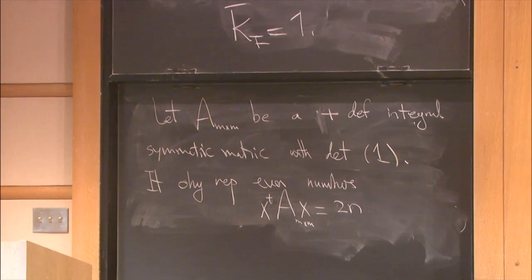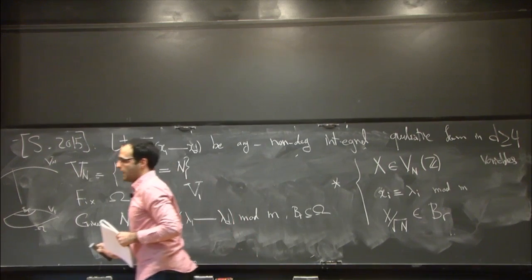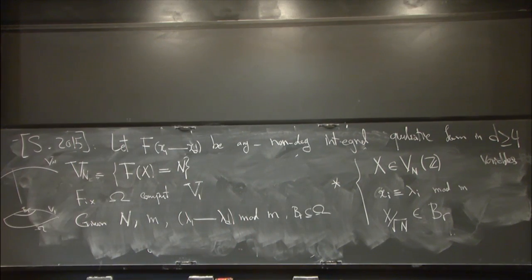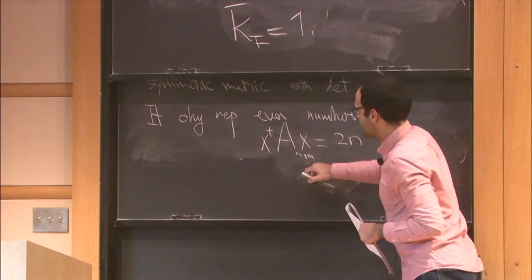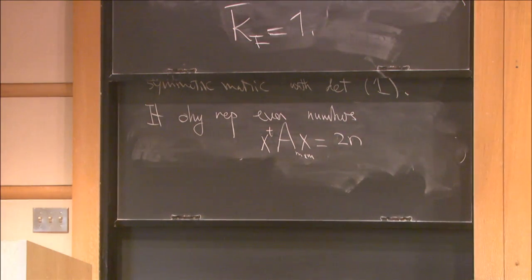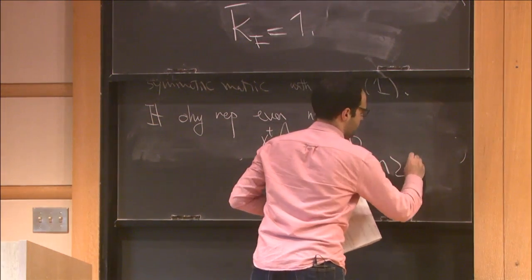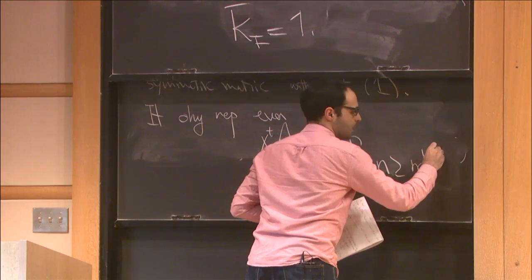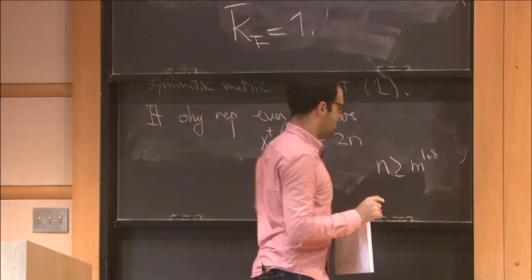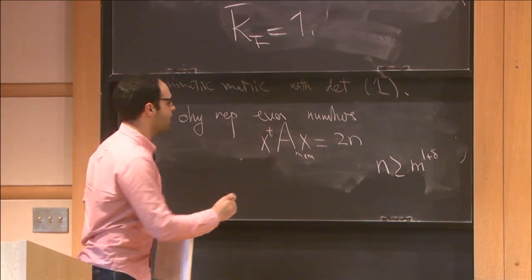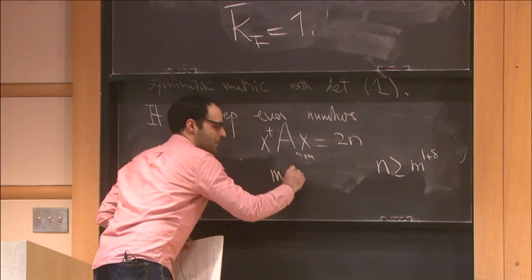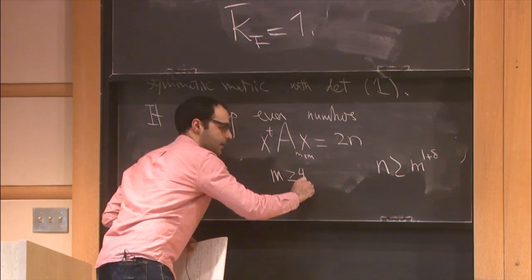So it's a well-known result that if n is sufficiently large with respect to m, then it's representable by A. Yes, n is bigger than, I believe, m to the 1 plus delta would work. You can't do 2 by 2 or 3 by 3. So I'm talking about large m. Yes, m is bigger than 4, let's say.